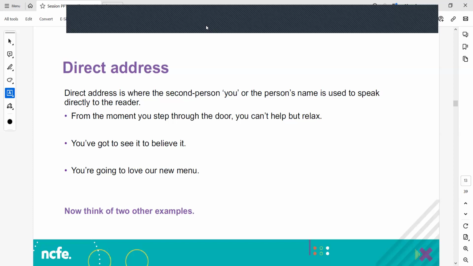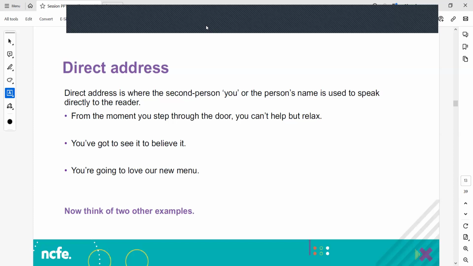Sometimes you might have seen examples of this if you get marketing emails or mailings where they have tailored it to each person's name. So I might receive an email that says, Catherine, you are going to love our new deals. So sometimes it will go a bit further and directly use the person's name.